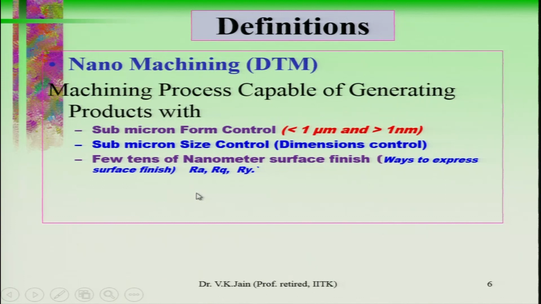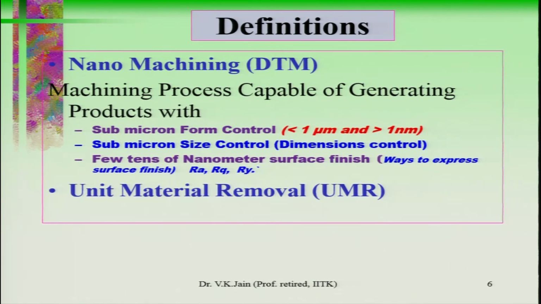Most of the equipment which deals with surface finish gives the surface roughness value in terms of Ra, Rq, Ry, all three, so that whichever is applicable you can make use of that. And then we will see what is unit material removal, and it is atomic clusters of materials.